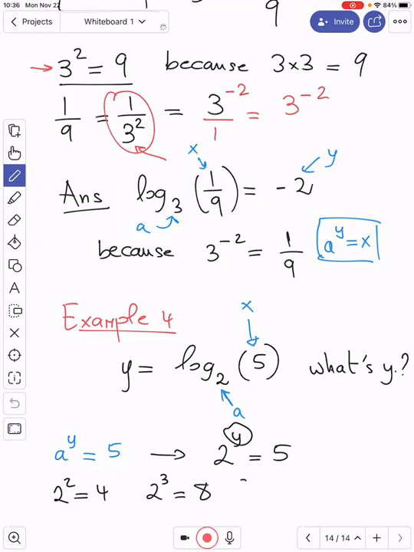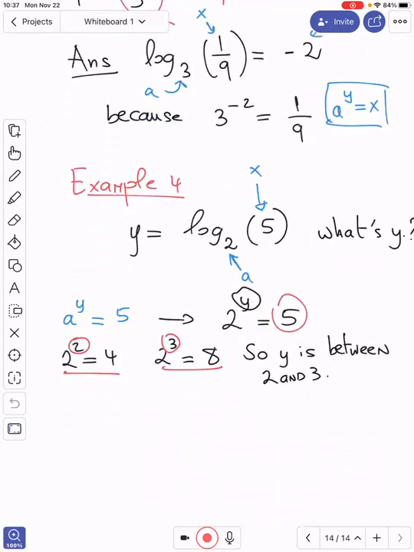Because 2 to the power y is 5, and 2 squared is 4, 2 cubed is 8. So y is between 2 and 3.